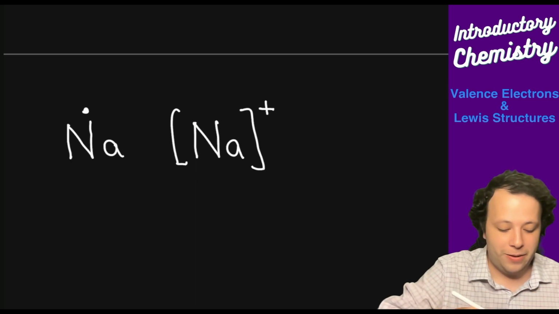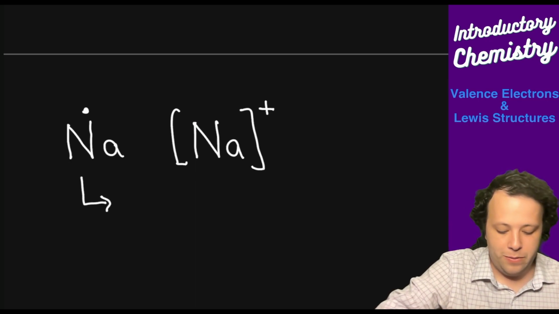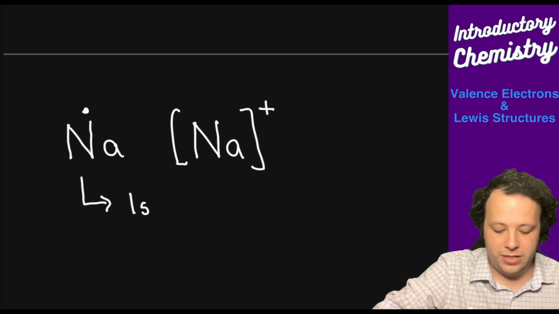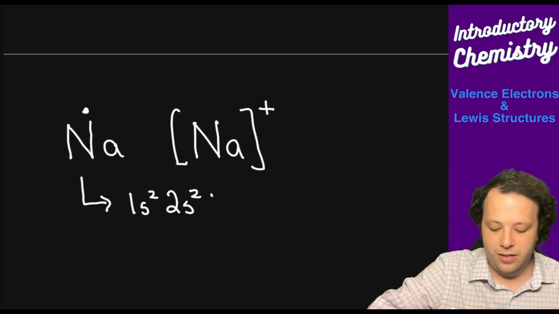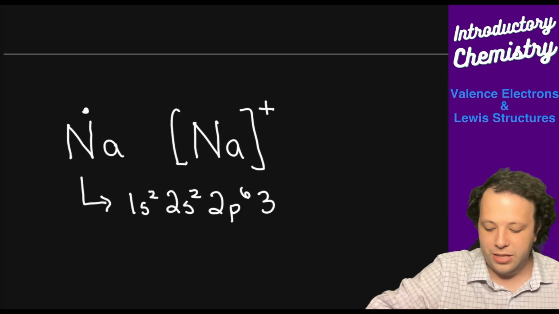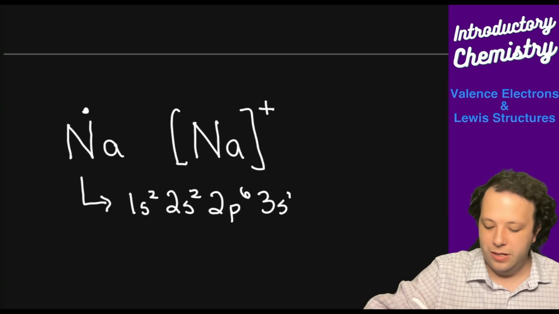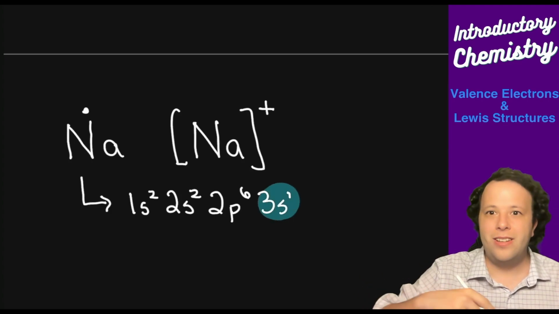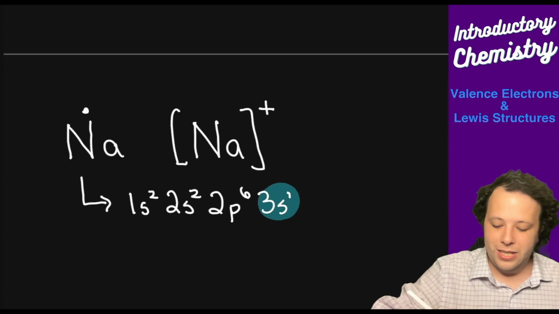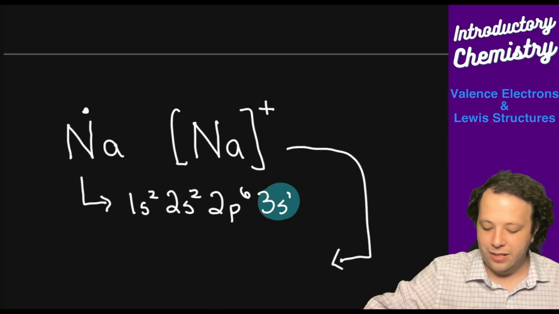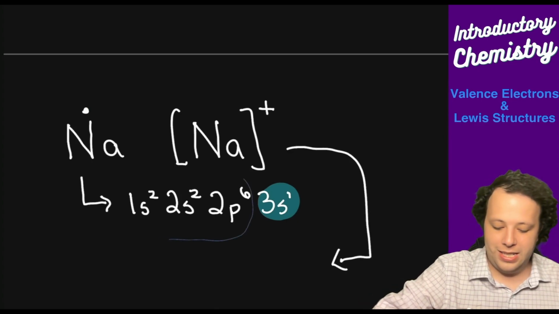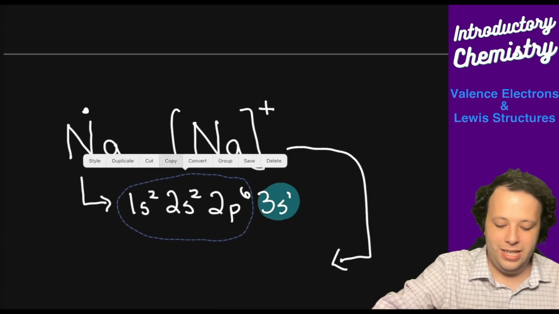Well, let's write it out. So sodium neutral has 1s2, 2s2, 2p6, 3s1, right? And we're going to be removing this outermost level. So sodium plus, on the other hand, just has the same configuration as neon, right?